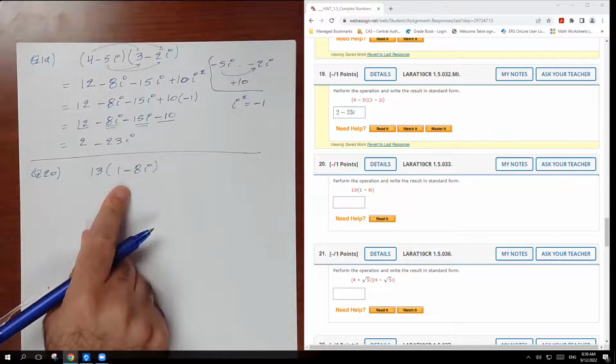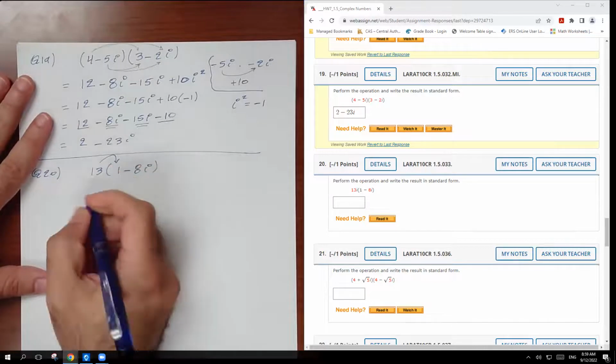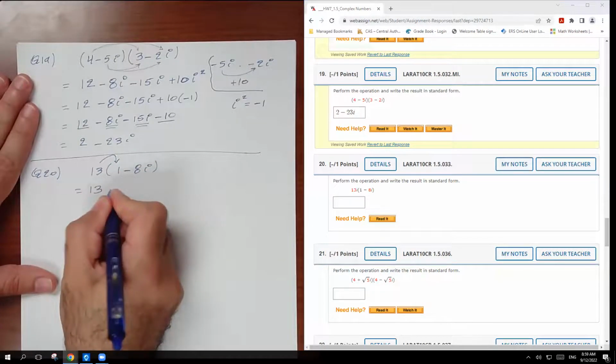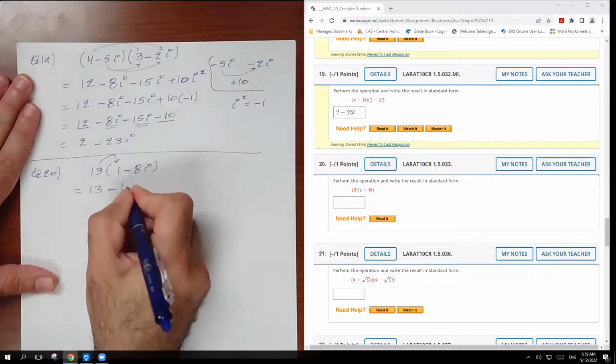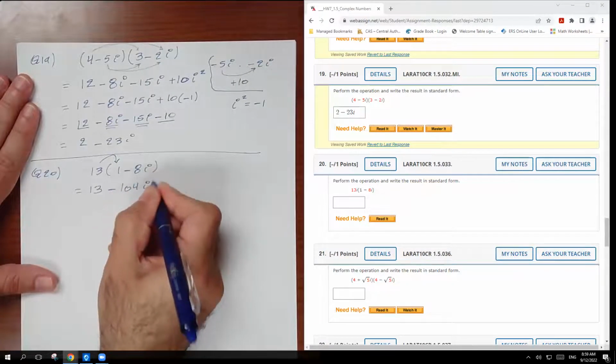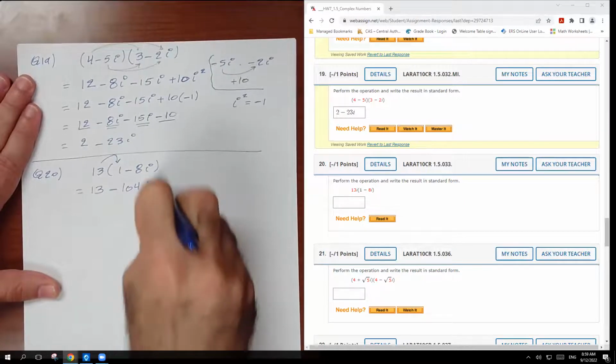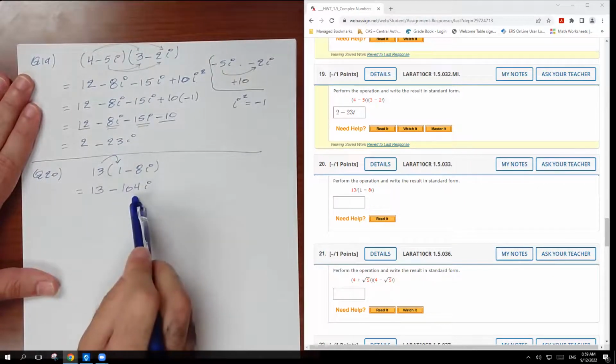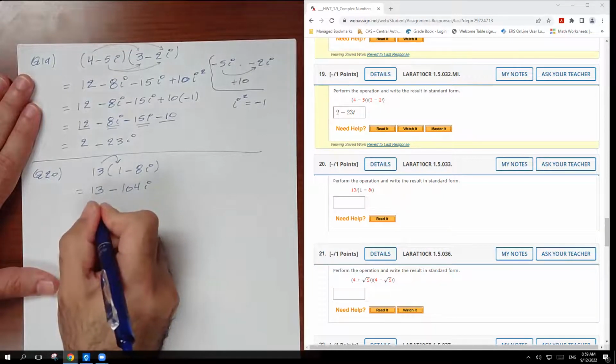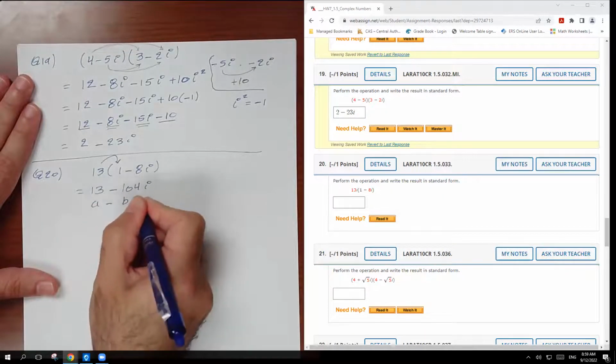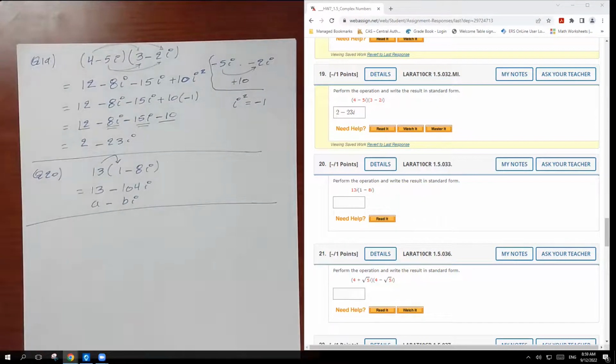So do exactly the same thing. 13 times 1 is going to be 13, minus 13 times 8, which is 104i. You don't have to add down the parentheses. And this is a plus or minus bi, so this is the standard form, because this is a minus bi. So we're just going to type here 13 minus 104i. That's it for this question.